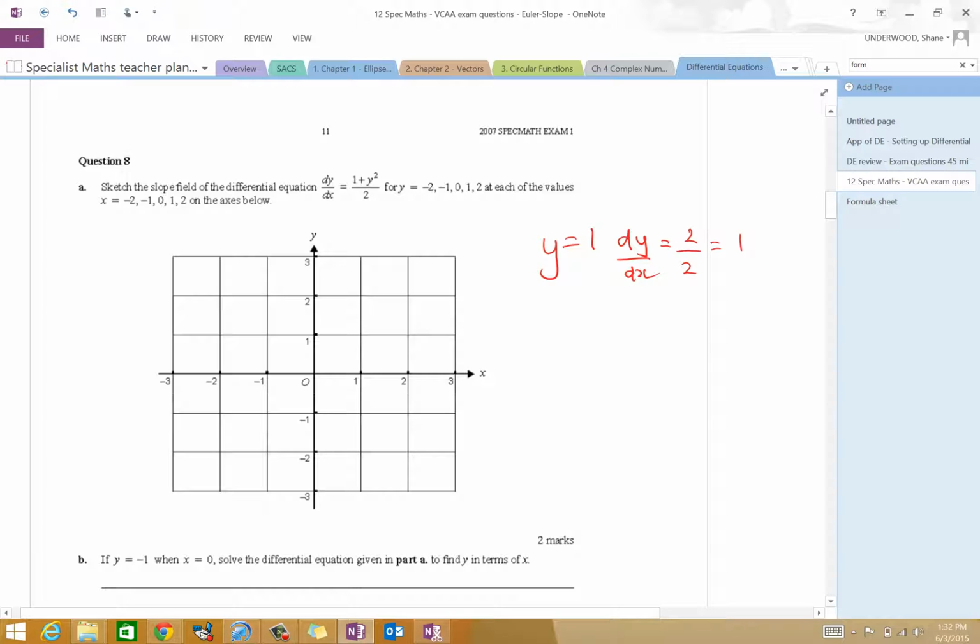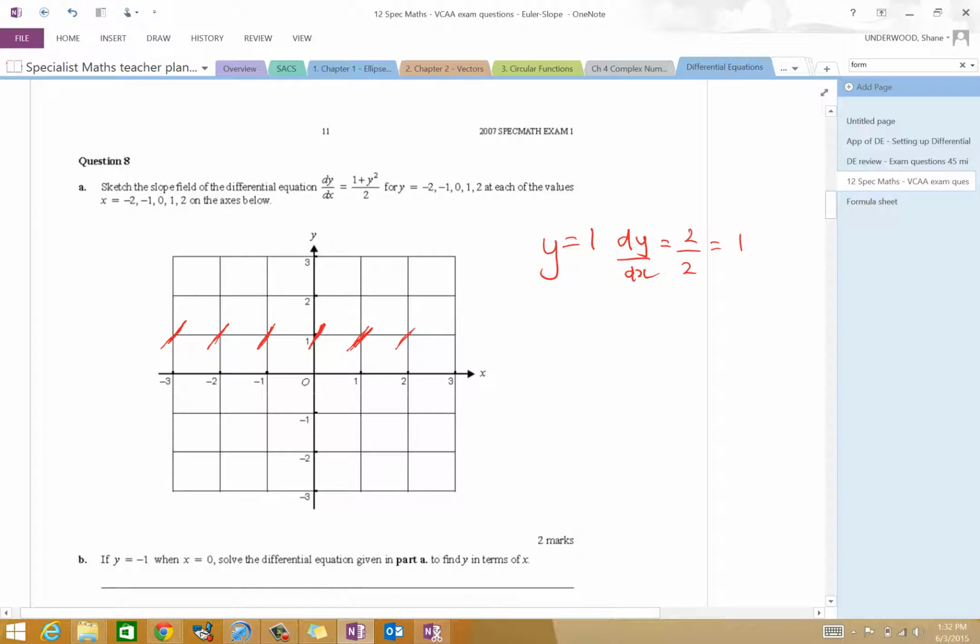The slopes are 1. Now, what does that mean? What does a slope of 1 mean? It's got a gradient of 1 at that point. Exactly. It means that it goes across 1 and up 1. Would you agree that this is a slope field? Does that look pretty much right?